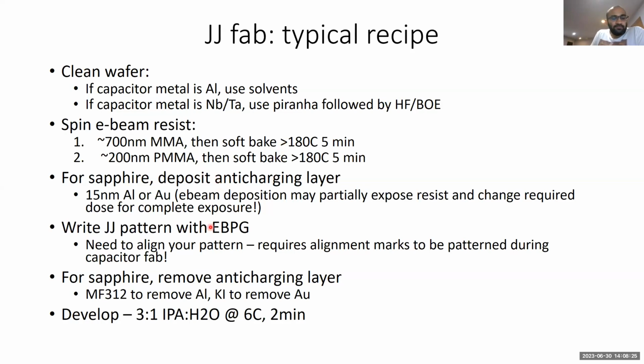Just know that if you do electron beam deposition, because you're using an electron beam to melt your source metal, you could inadvertently produce secondary electrons that can partially expose your resist, which can change ultimately the required dose during your actual e-beam lithography.